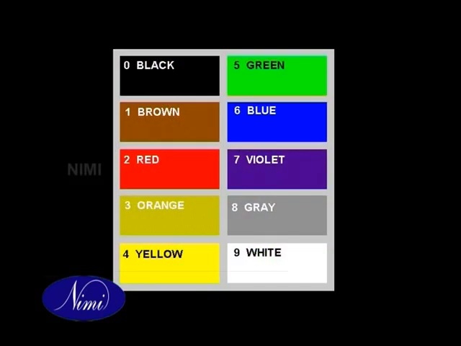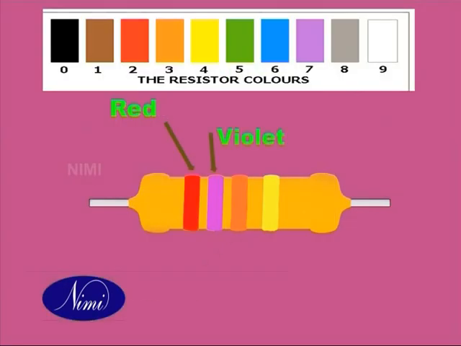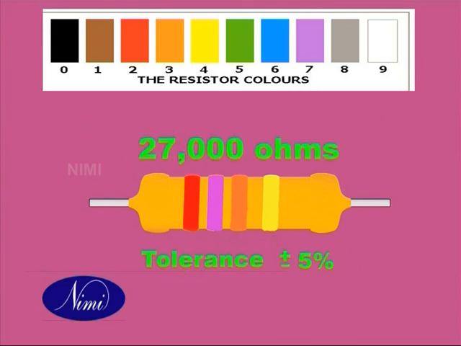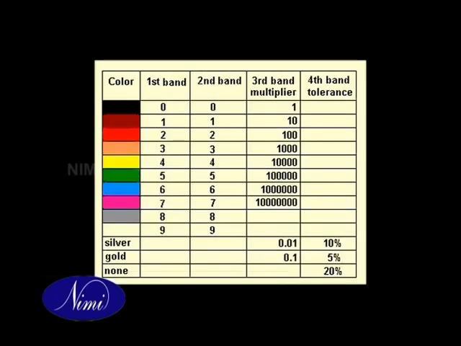If the color bands on a resistor are in the order red, violet, orange, and gold, then the value of the resistor is 27 multiplied by 10 to the power of 3. The value of the resistor is 27,000 ohms with plus or minus 5% tolerance. For less than 10 ohms, the third band will be either gold or silver.